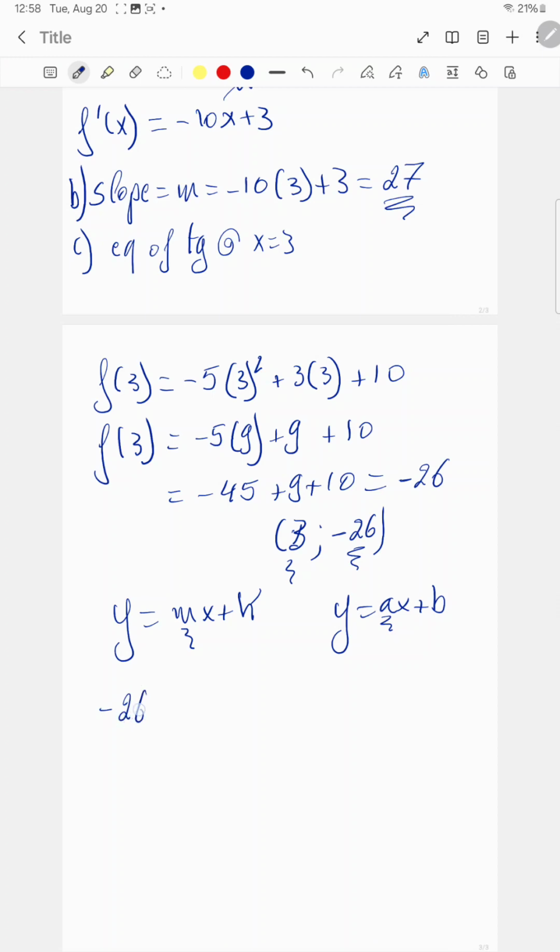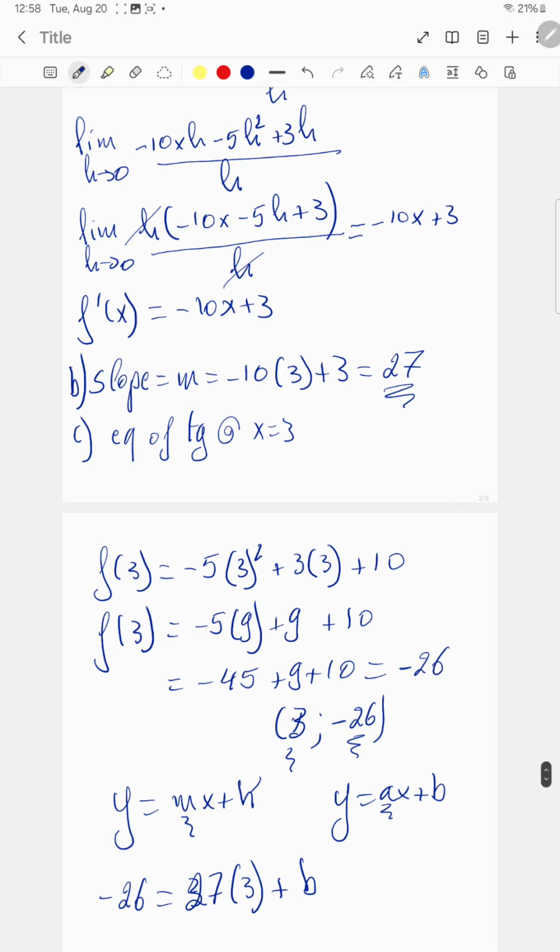So minus 26 equal, and my m is equal to minus 27, sorry, minus 27 times 3 plus k or plus b, and I have to calculate my b. I'm sorry, here. Minus 10 times 3 is minus 30, plus 3 is minus 27 here.